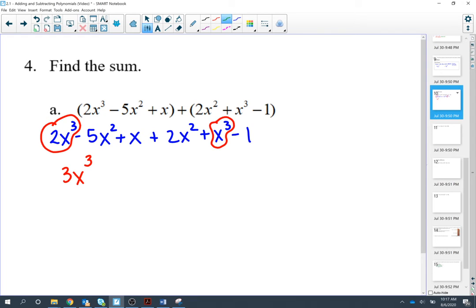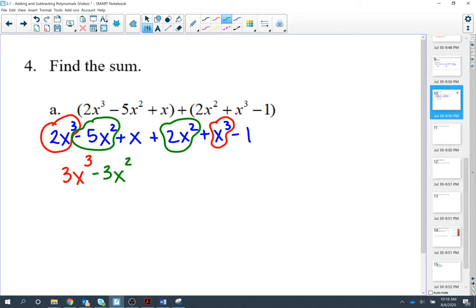Then you're going to go look for more like terms. I notice I've got a negative 5x squared and a 2x squared. Here I've got oranges: negative 5 oranges and 2 oranges. If I take negative 5 oranges and add 2 oranges, that's negative 3 oranges.